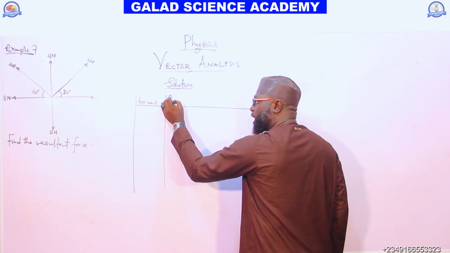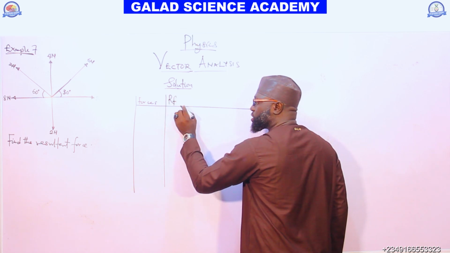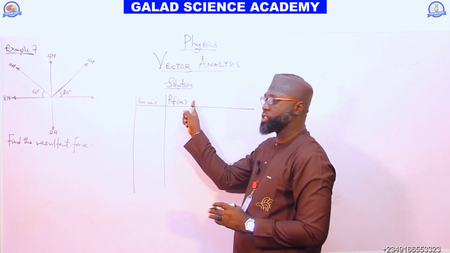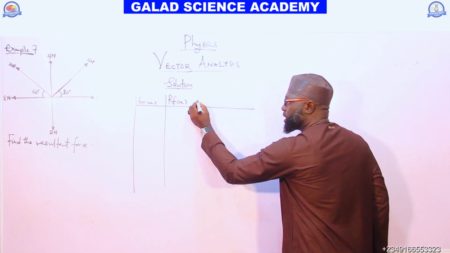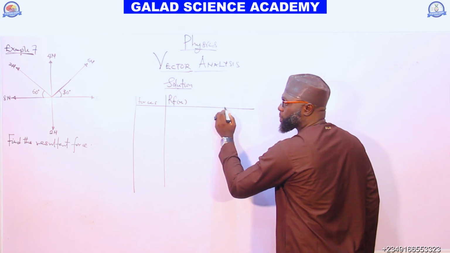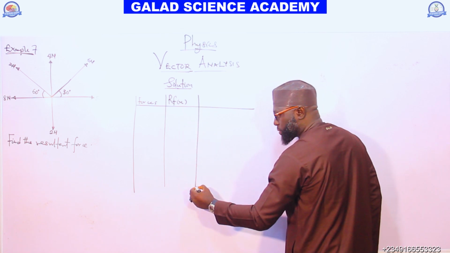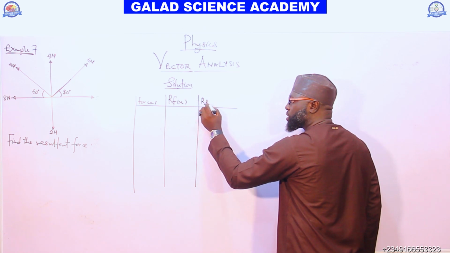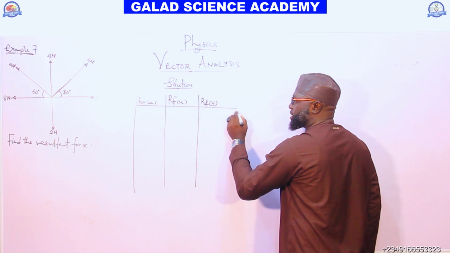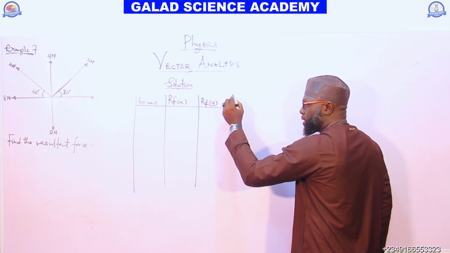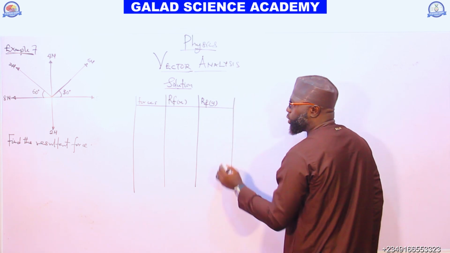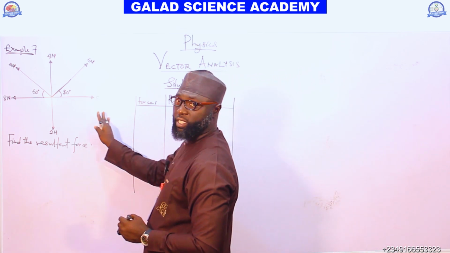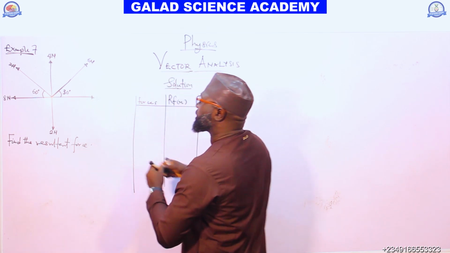The second column is the resultant force for the x-axis, the horizontal component. And the third is the resultant force for the y-axis. So how many forces do we have here? The first force, let us start from here.